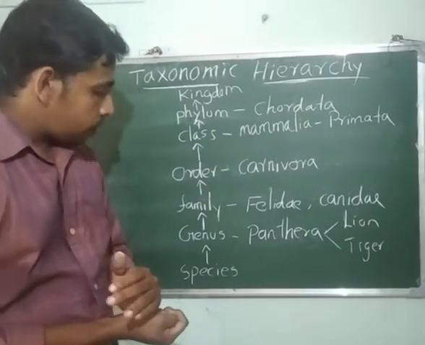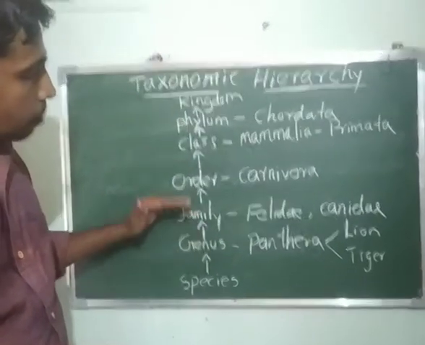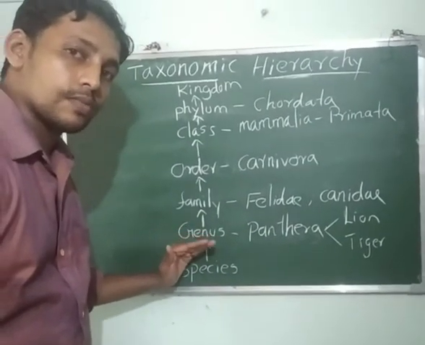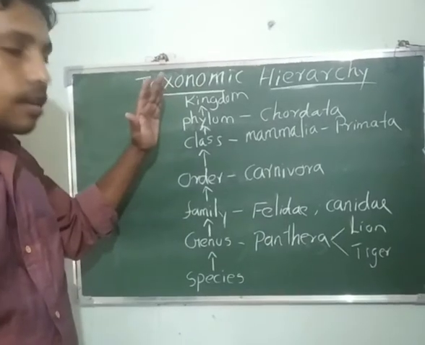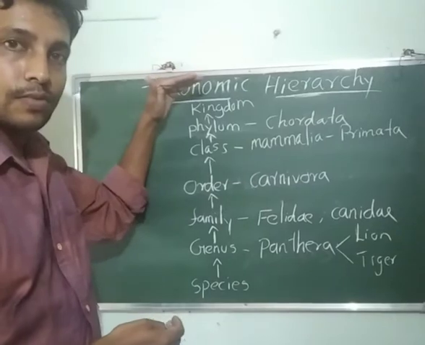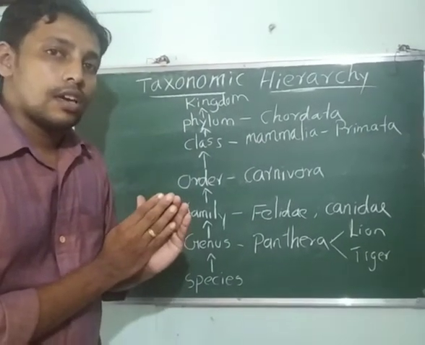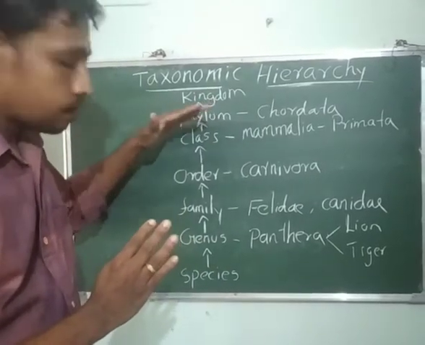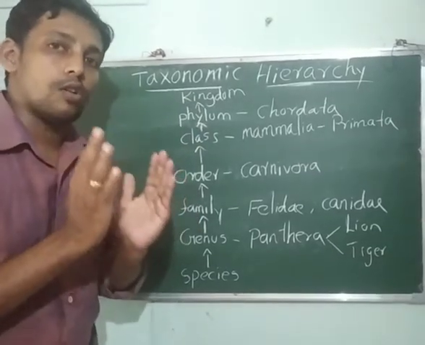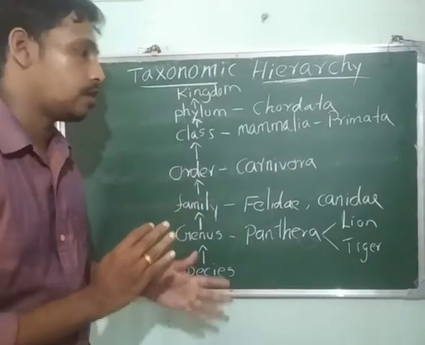When you are going up, we can see that the similarities between organisms decrease and the differences between organisms increase. So in this taxonomic hierarchy, when we go up from species to kingdom, the similarities decrease and the differences increase.